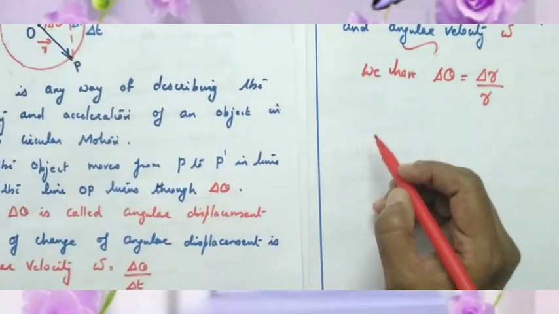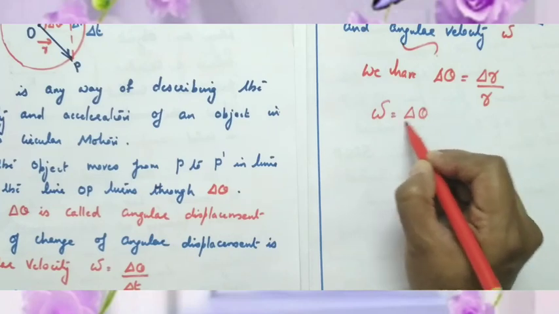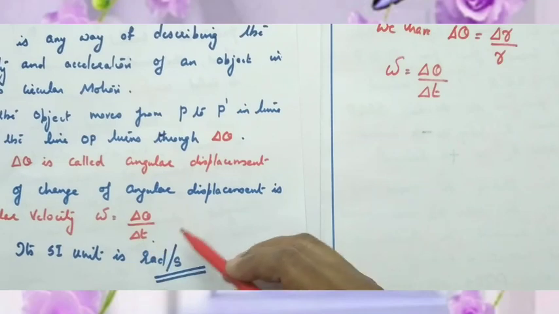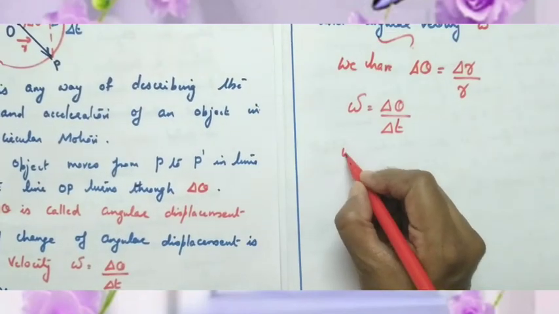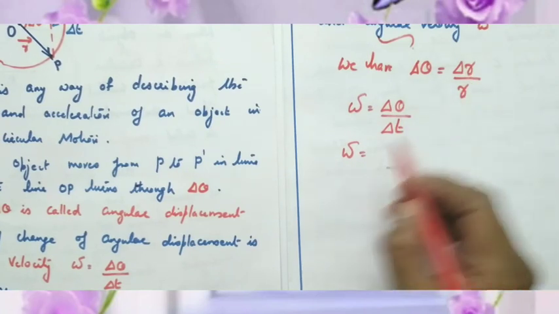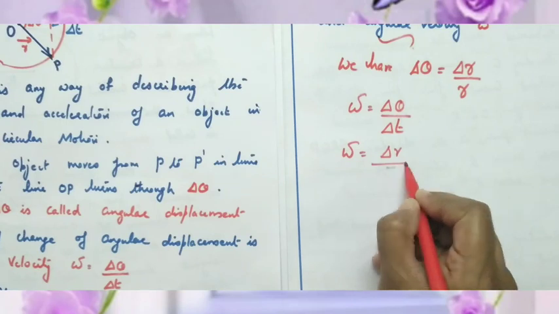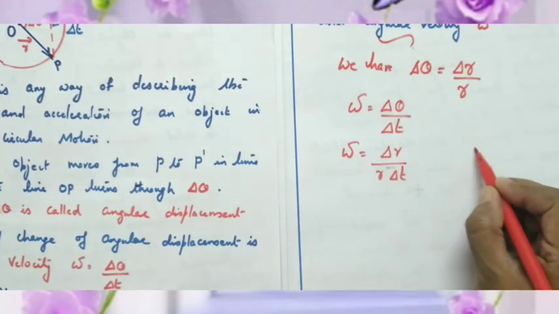Clear? Now we have angular velocity omega equal to delta theta divided by delta t. We can substitute here, therefore omega equals delta r divided by r into delta t. What is this delta r by delta t?